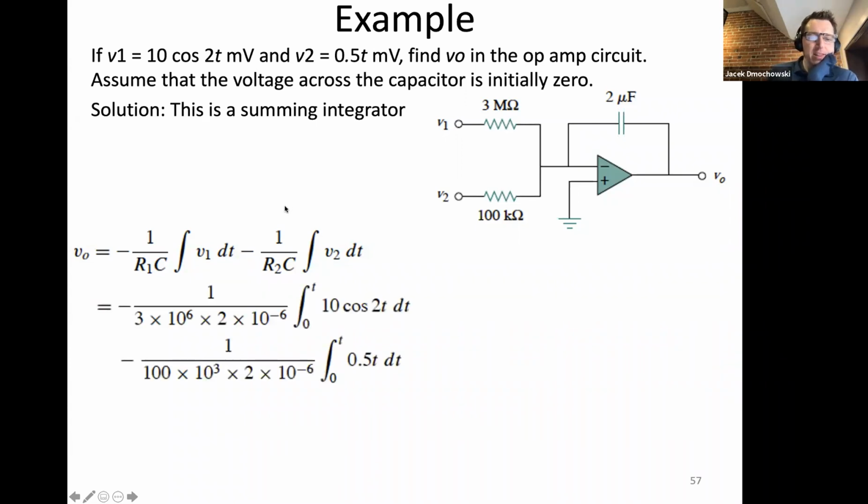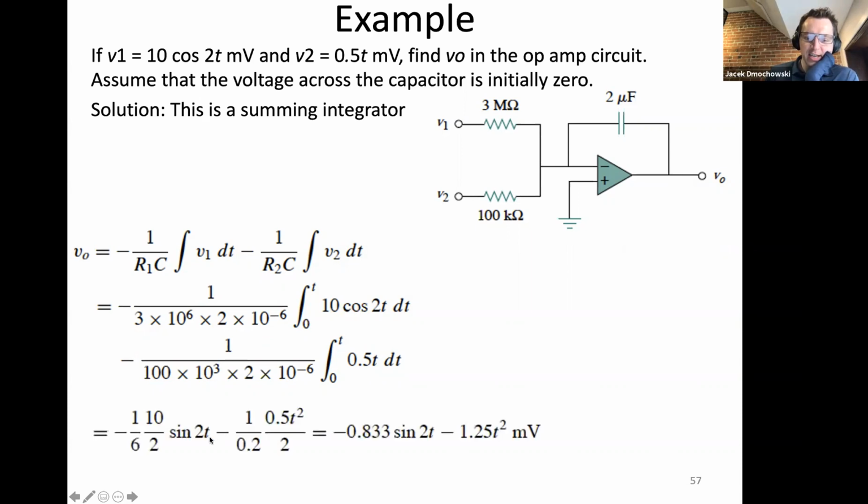So let's actually do the math. We have an integral. So these are our RC constants here. So R is either equal to 3 megaohms or 100 kiloohms. Our capacitance is equal to 2 microfarads. So 2 times 10 to the minus 6. And then the integral of a cos is a sine. Right? And using the chain rule, we have to divide by 2.